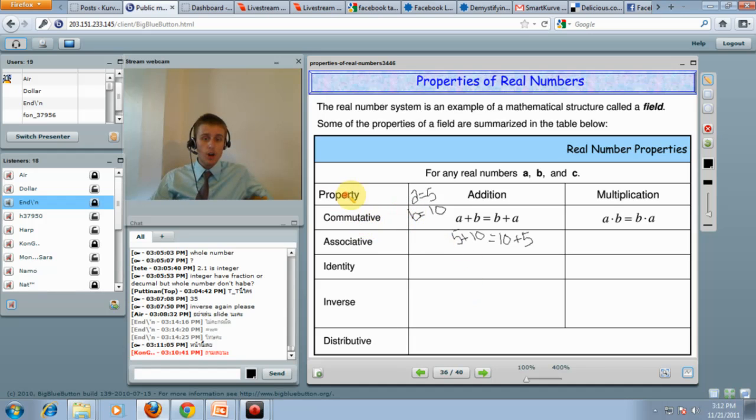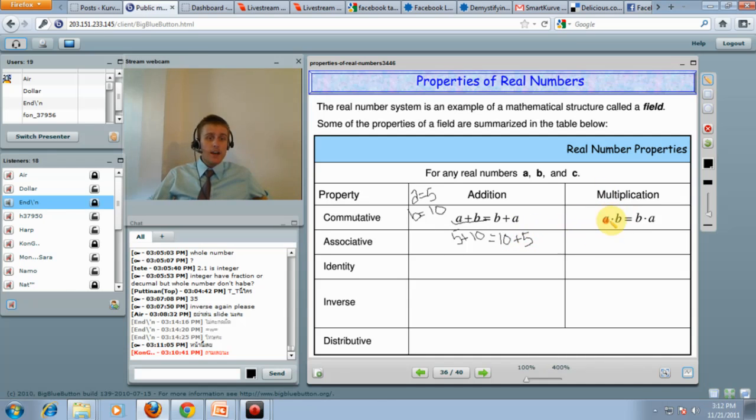The commutative property for addition states that A plus B is the same as B plus A. 5 plus 10 equals 10 plus 5. Changing the order of these integers will not change the answer. It is the same for multiplication.